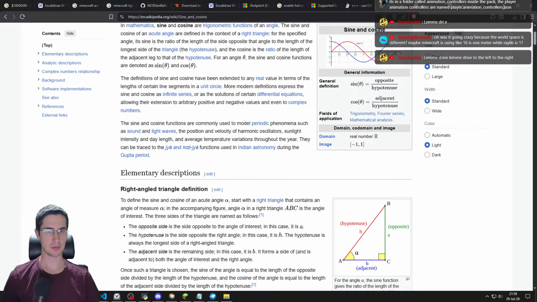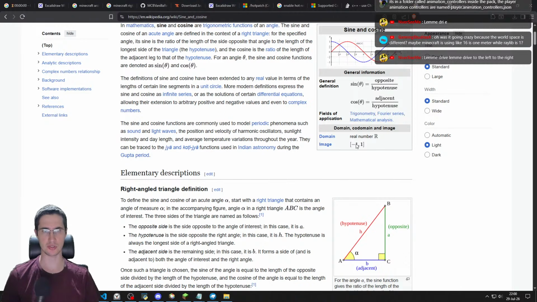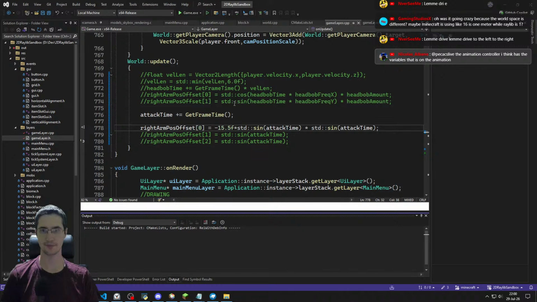And we're multiplying them together. So what's the maximum? Okay, if we multiply it here by -15, what would this change? It will change it between 15 and -15, kind of.